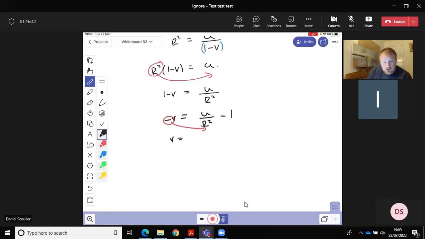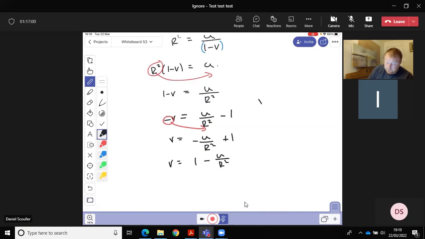That will change the sign on the other side, so that would become negative and that would become positive. Or just tidying that up, it would become that.